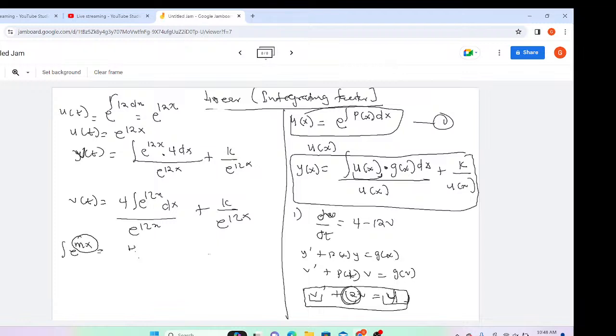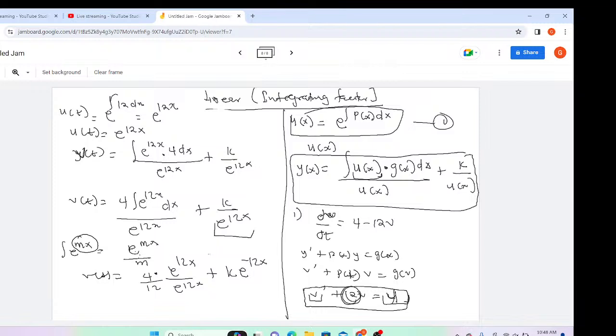So it's exponential mx all over m. When I differentiate mx, I get m. So our v of t becomes 4 multiplied by, divided through by 12, because when I differentiate 12x I get 12, multiplied by exponential 12x all over exponential 12x, plus k exponential negative 12x.